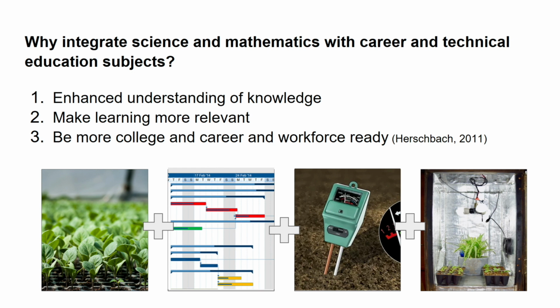For example, the agriculture teacher has his students grow leafy greens in a greenhouse. They want to determine the best growth condition for leafy greens in the greenhouse. The students used technology, probably sensors, to measure and monitor the temperature and light in the greenhouse.